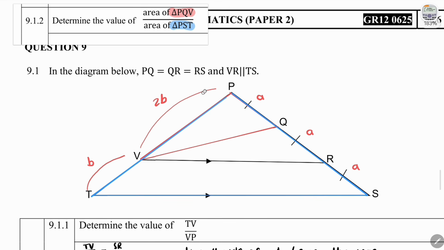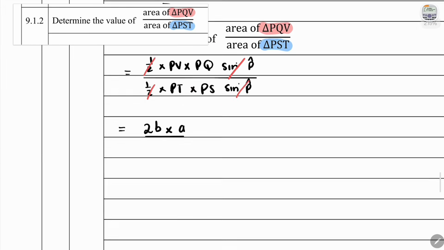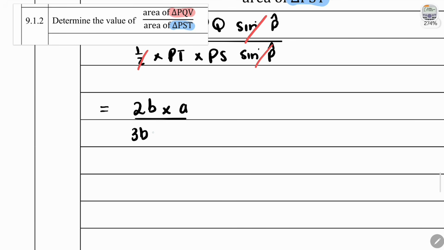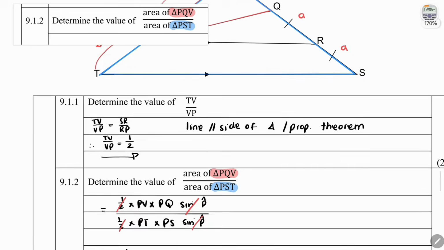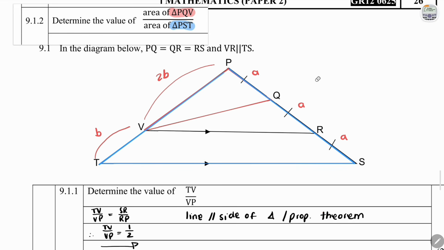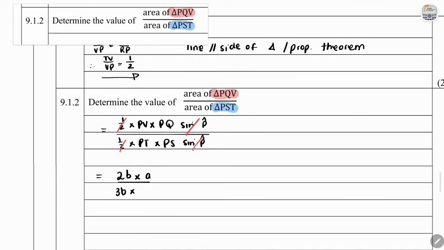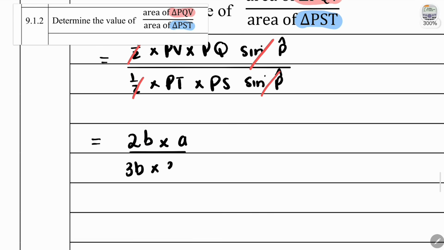PT is that entire length, which you can see is 2B plus B, so that's 3B. So 3 as a ratio. We could say 3B multiplied by PS, and PS is this entire length, which will be the A plus the A plus the A, which is 3A. It's a ratio of 3.